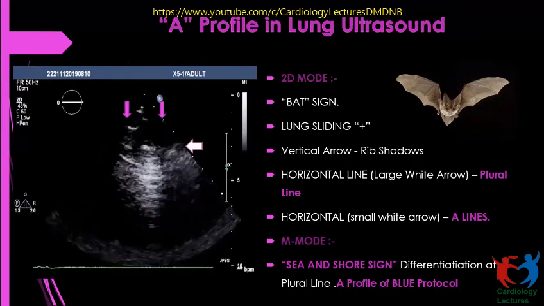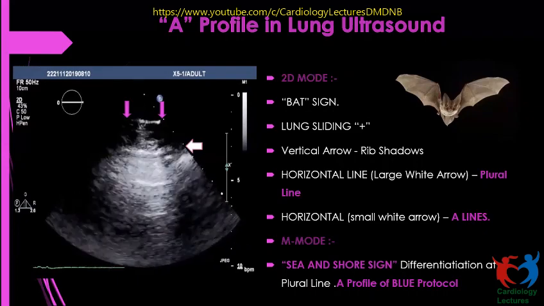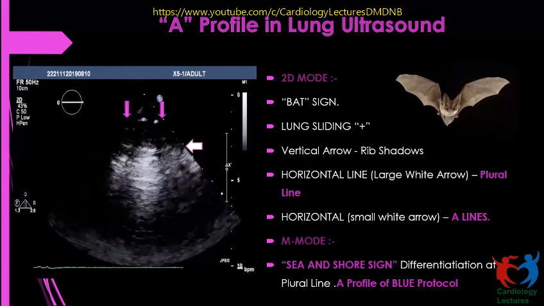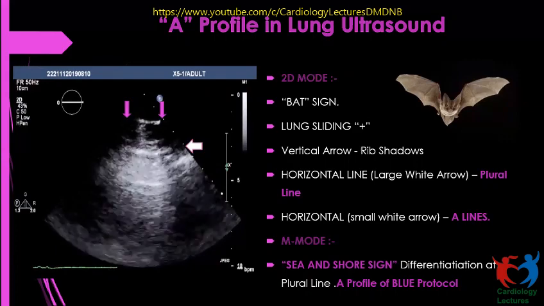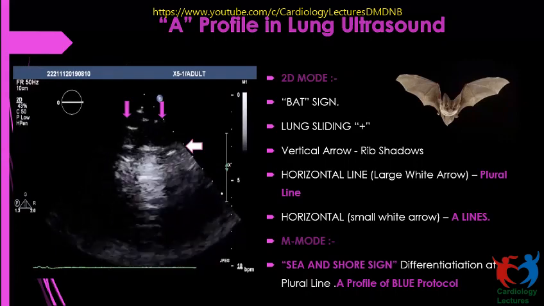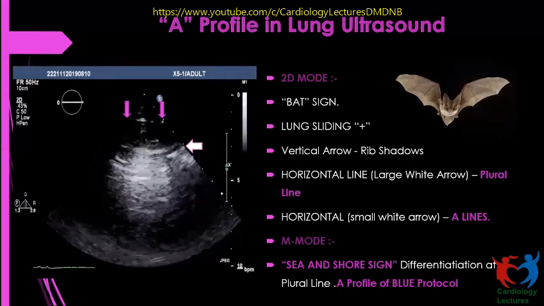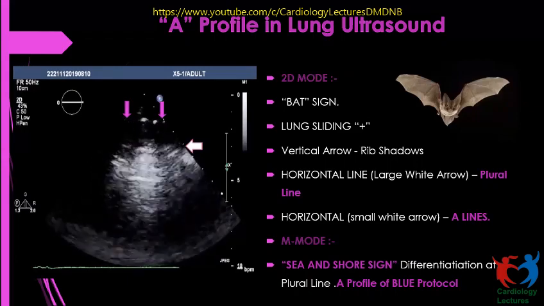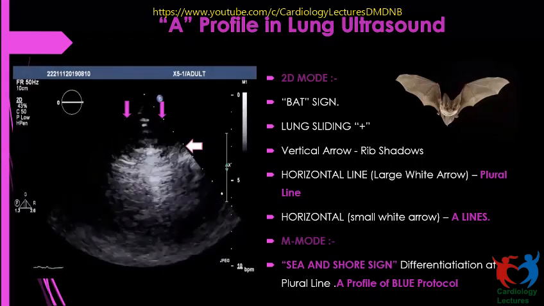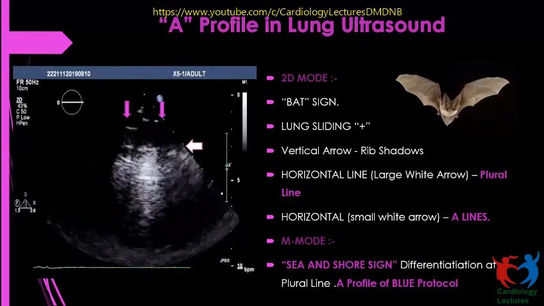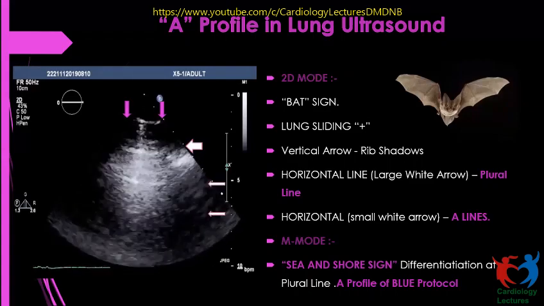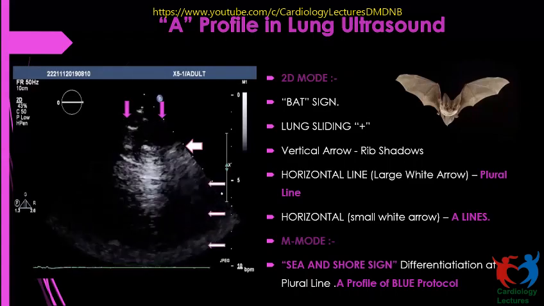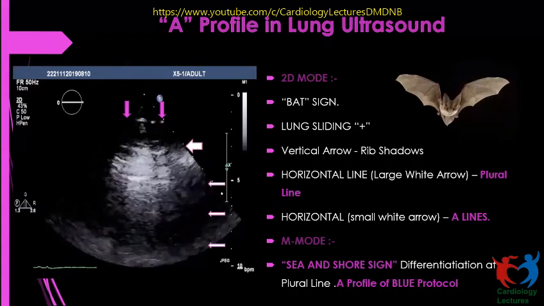Then you have the pleural line, and whatever is moving is the lung sliding. The pleura are sliding on one another, parietal and visceral pleura, giving rise to that lung sliding. And the reverberation artifacts you see down at equidistant levels, arising from the pleural line, are called A lines.